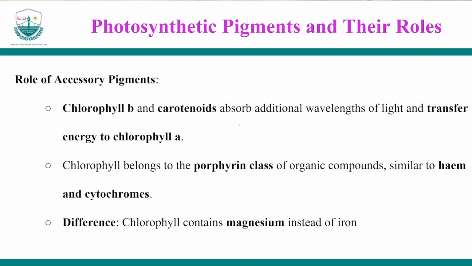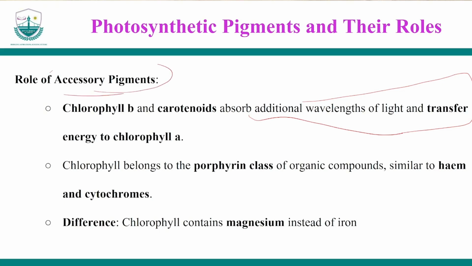Still emphasizing the pigments, we have chlorophyll B and carotenoids absorbing additional wavelengths of light and transmitting that energy to chlorophyll A. So they assist chlorophyll A. That's why we call them accessory pigments.